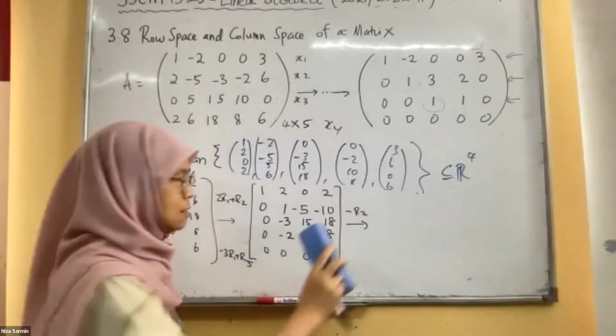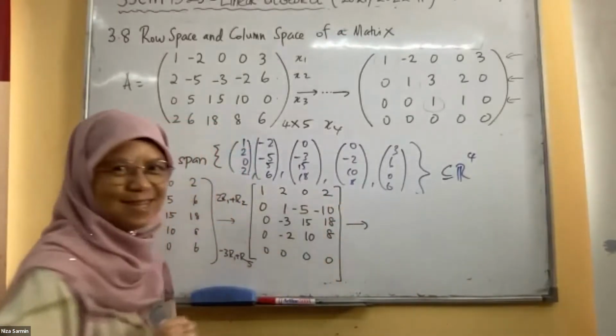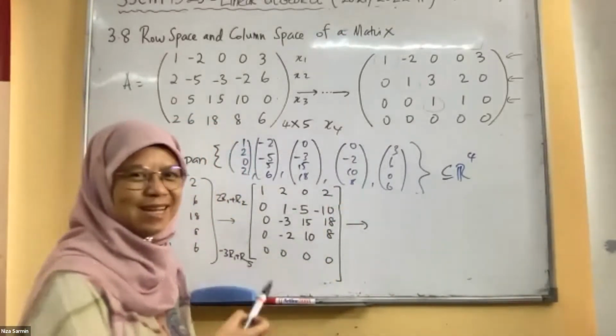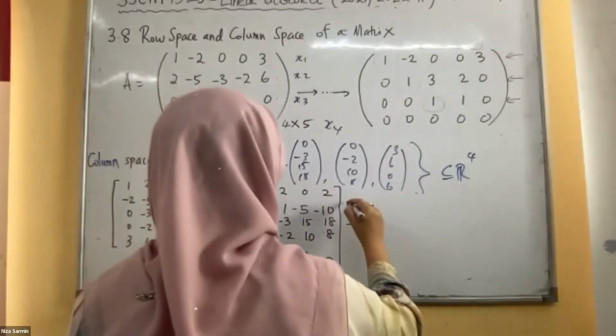Understand? Someone is upset. Okay. I can't see. So, this is actually negative row 2. Okay, now I can do this.